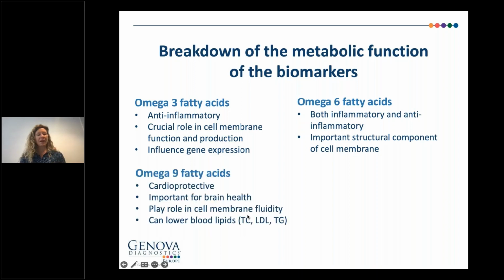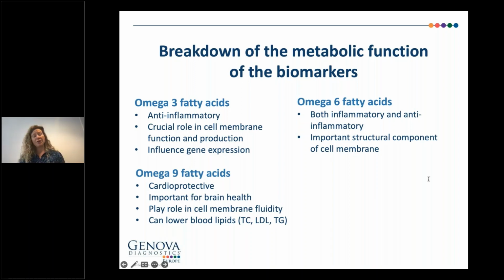We then have the omega-9 fatty acids, which we measure mainly as oleic acid, which is found highly in foods like olive oil, as well as certain nuts. And this fatty acid is particularly important in cell membrane fluidity. It also has been shown to have anti-inflammatory and immunomodulatory effects, which have been extensively studied and found to be beneficial in many conditions like cancer, neurodegenerative disorders, inflammatory disorders, autoimmunity, and the list goes on.